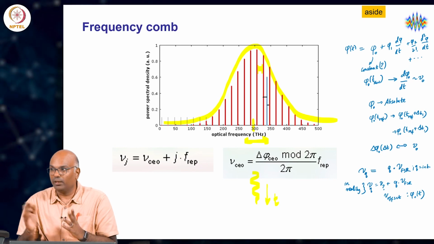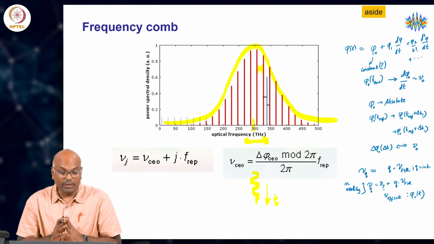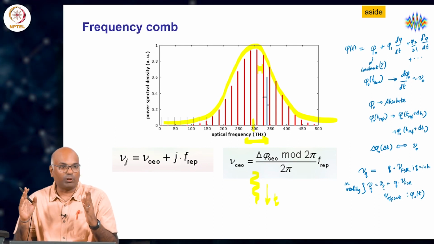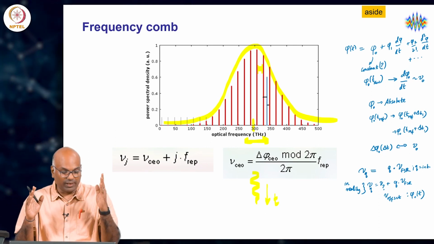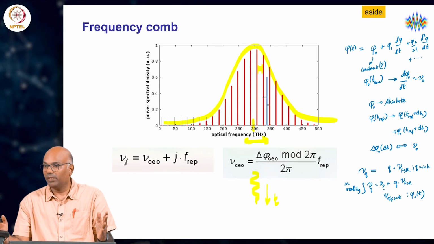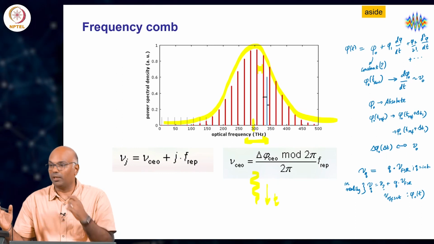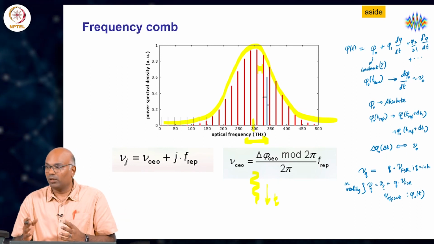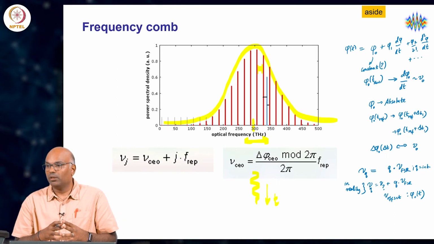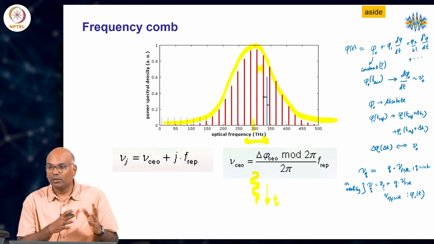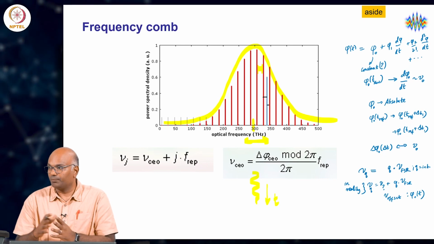If you take a snapshot of the spectrum at any instant in time, you will find it has a nu naught and a nu FSR. But these things can drift in time rather than vary. I would say that for a controlled system, a laser that produces fairly reproducible pulses, these will drift in time.